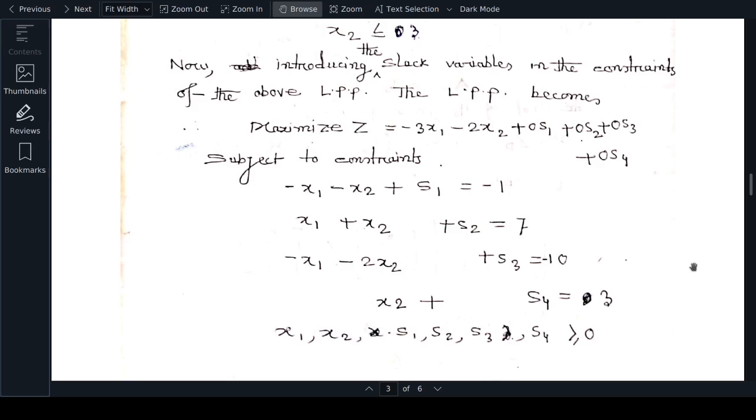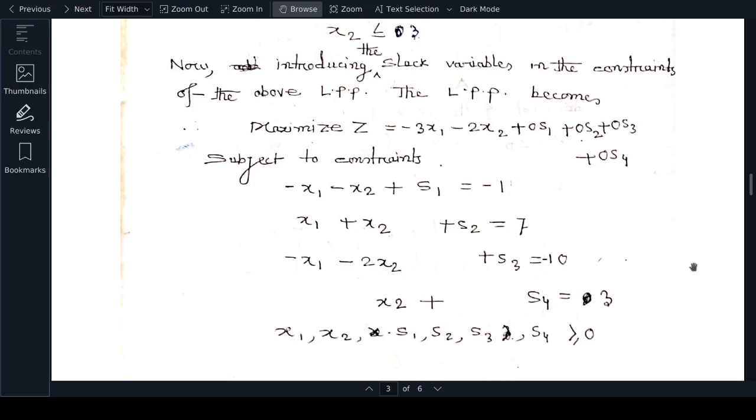Similarly, in the objective function, slack variables are used. So we write 0 into s1 plus 0 into s2 plus 0 into s3 plus 0 into s4.